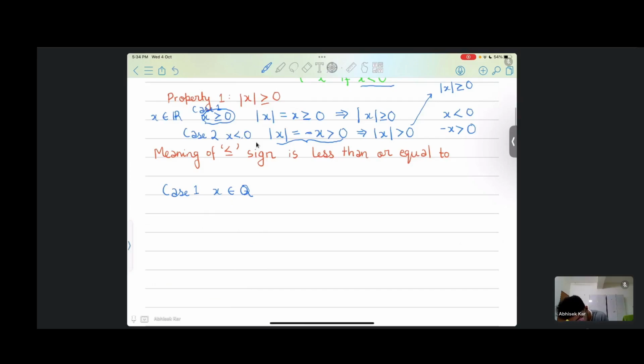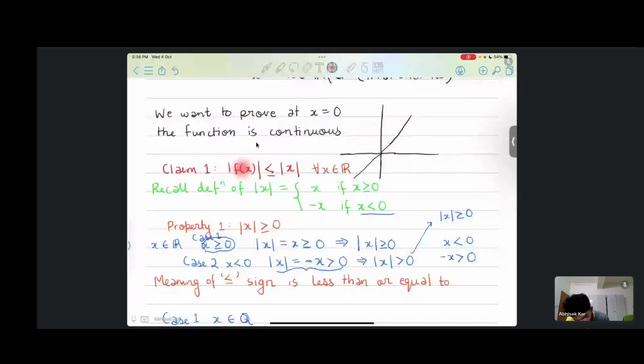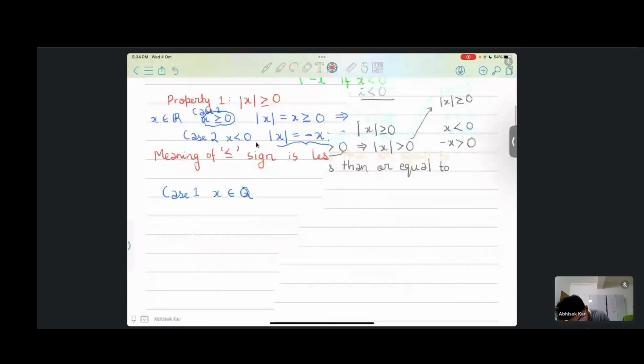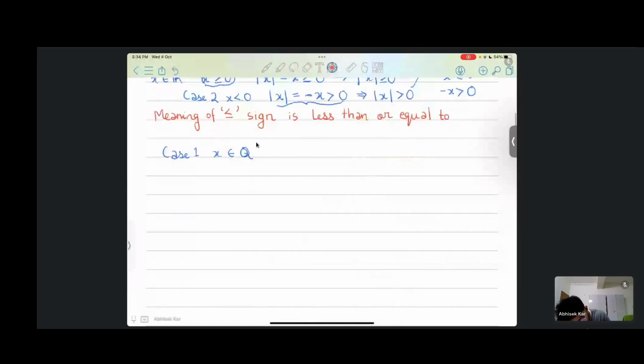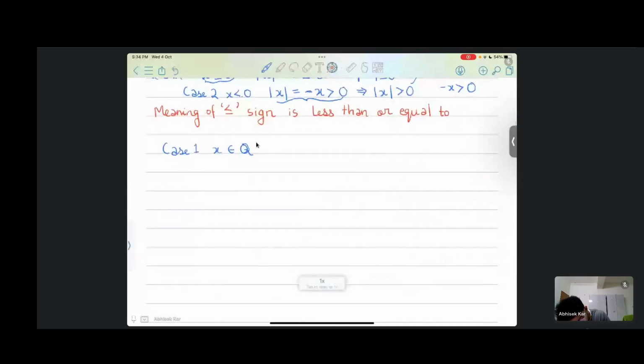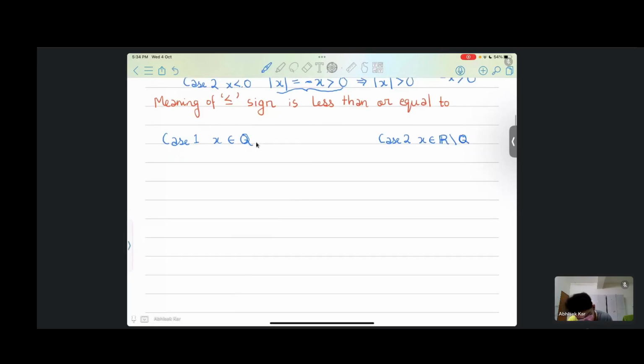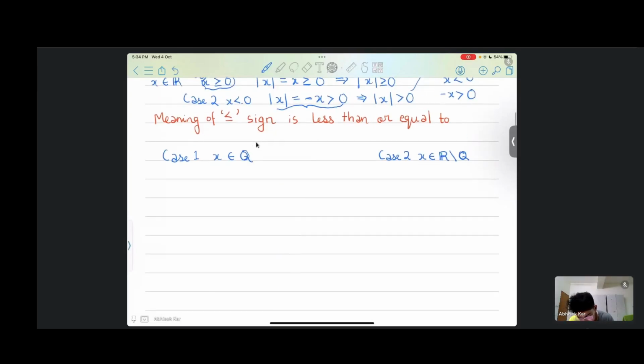I want to prove that mod of f(x) is less than or equal to mod x in this case. And there will be a different case, case 2: x is irrational. In this case also, I will show that mod of f(x) is less than or equal to mod x.